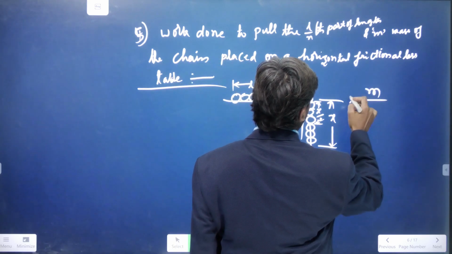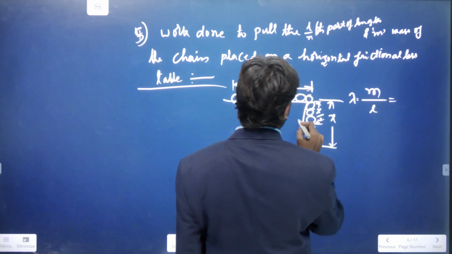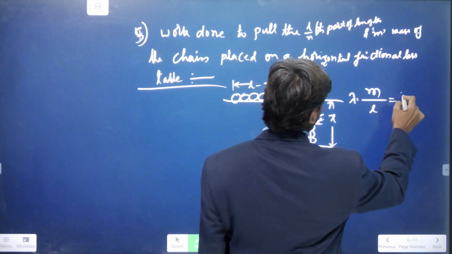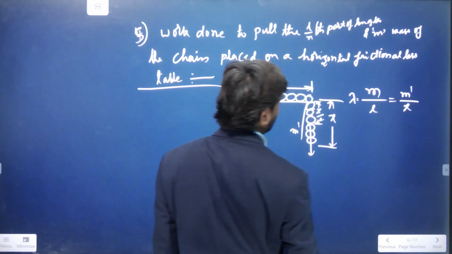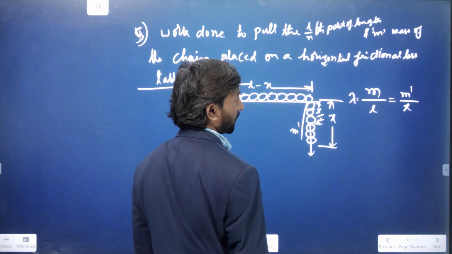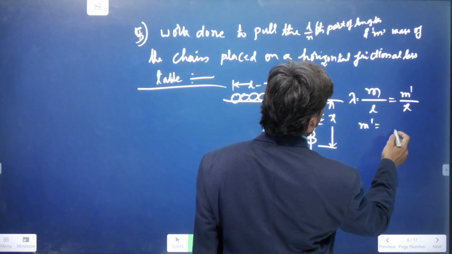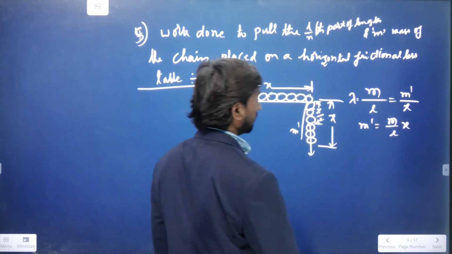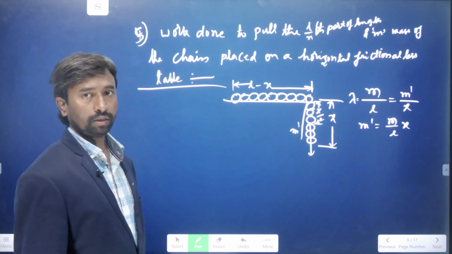Linear mass density, lambda, mass per unit length. So mass of this part of the chain is m dash, divided by the length L. So m dash can be written as m by L into x.